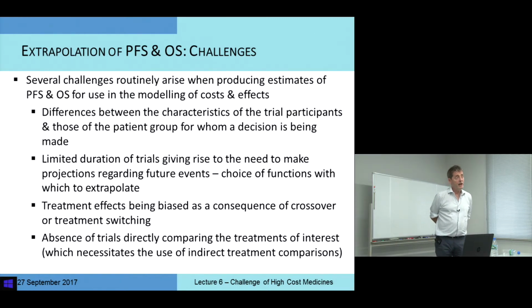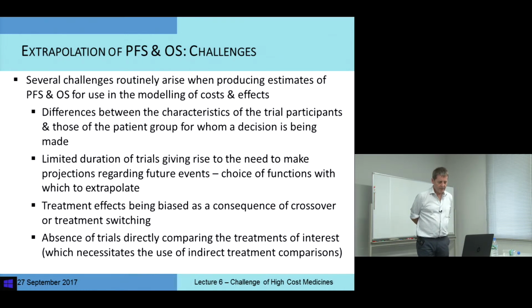Typically, in routine practice, patients are older, and they may have had more pre-treatment and failed it. They may also have more comorbidities. And so one challenge is trying to predict what will happen to routine patients from using trial data.